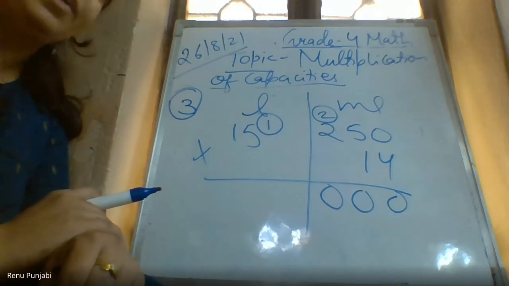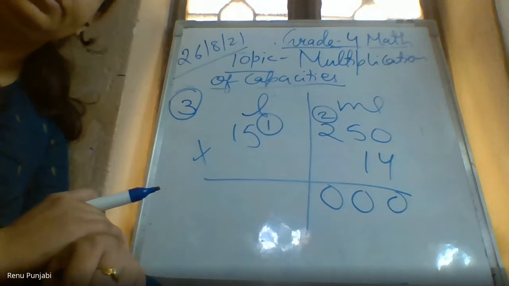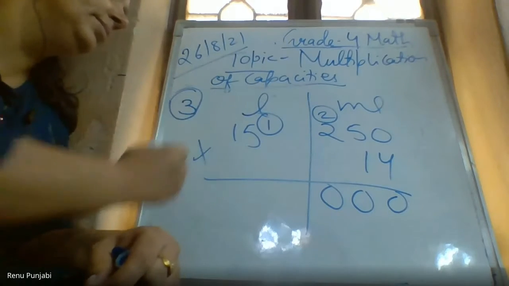Okay, ma'am. So 4 5s are 25. No, 20. So 20 plus 1, 21. So we will give 2 to the 1. 4 ones are 4 plus 2 will be 6.